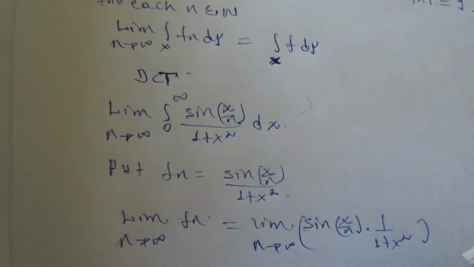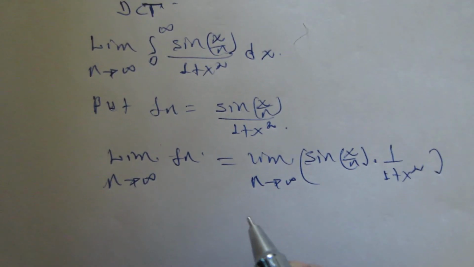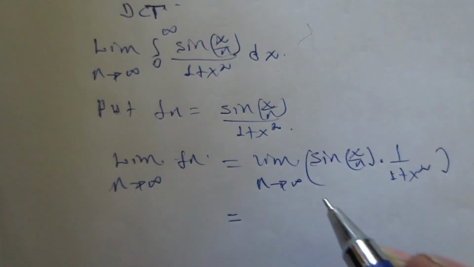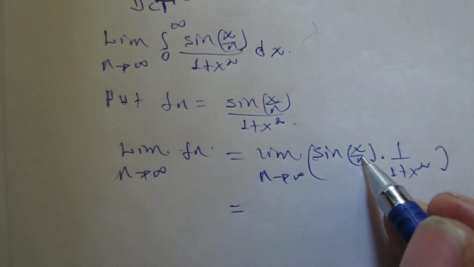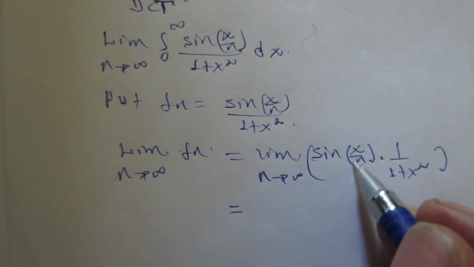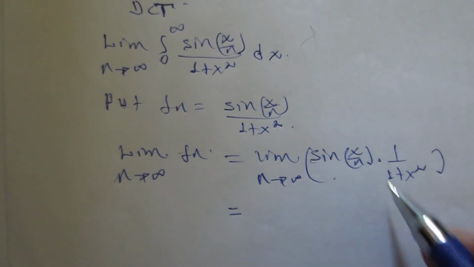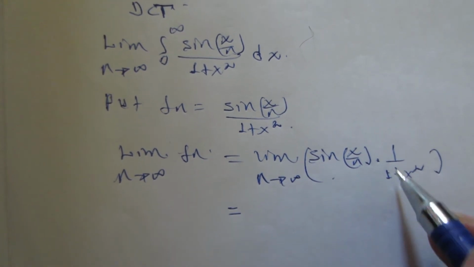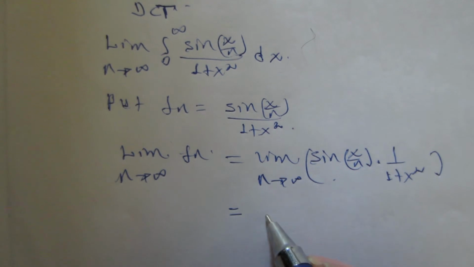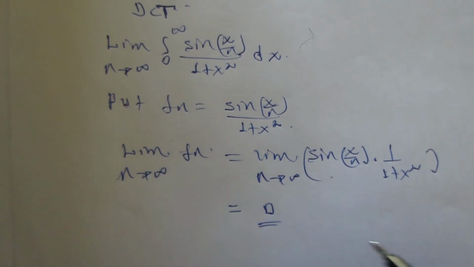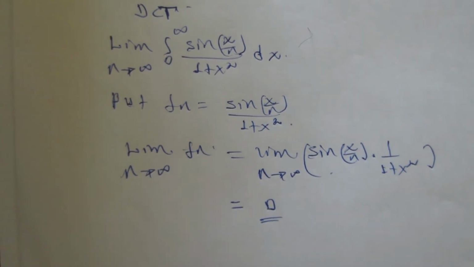Now if we put a very large number for n, sine(x/n) should be 0. Then 0 times 1 over 1 plus x squared is 0. So the limit of f_n as n tends to infinity is 0.